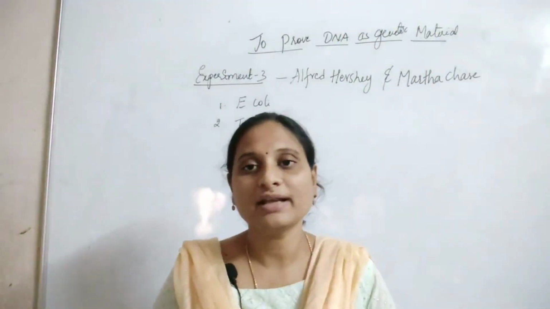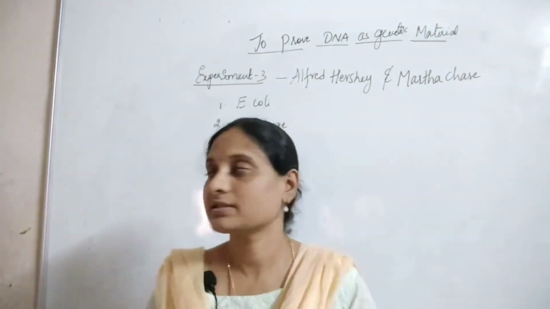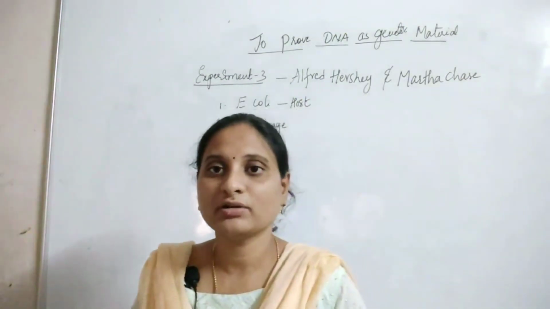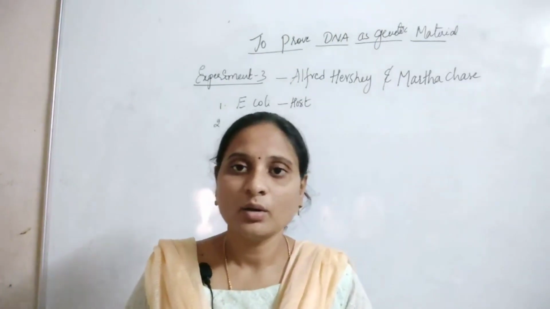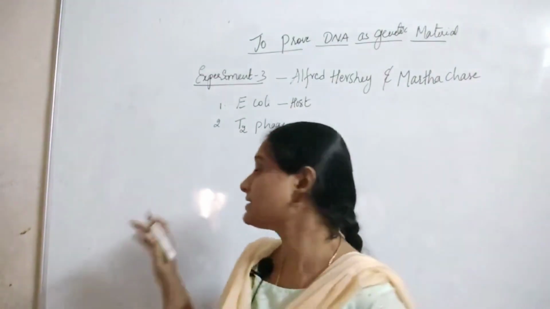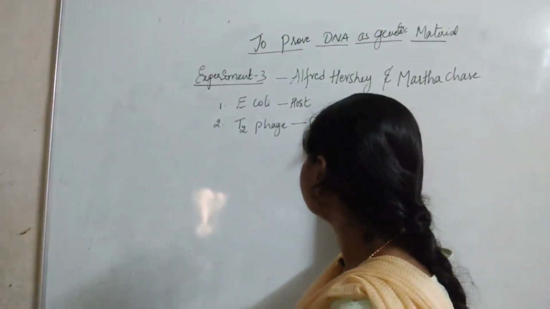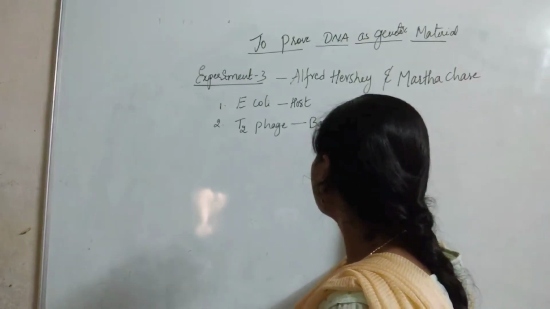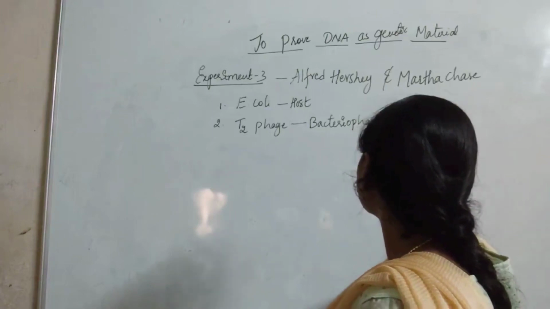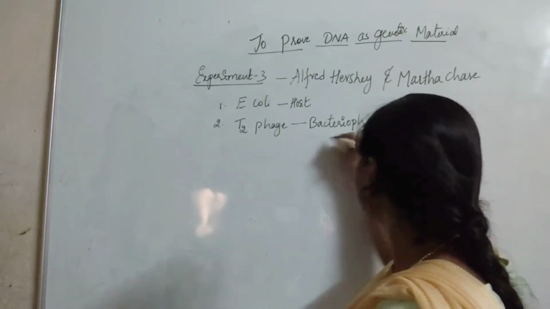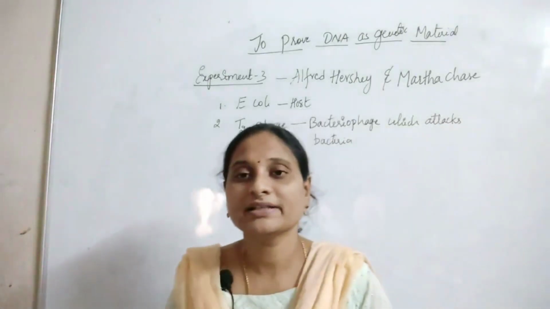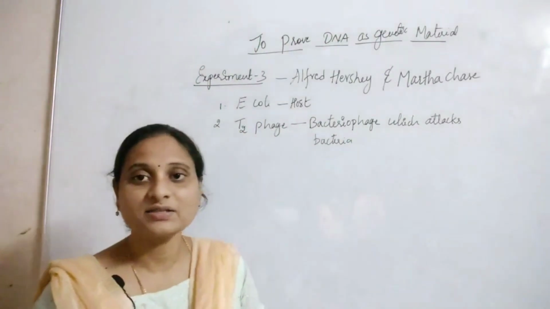We know that E. coli acts as a host for many of the experiments. Here also E. coli, a bacteria, acts as a host. Whereas T2 phage is a bacteriophage which attacks bacteria.